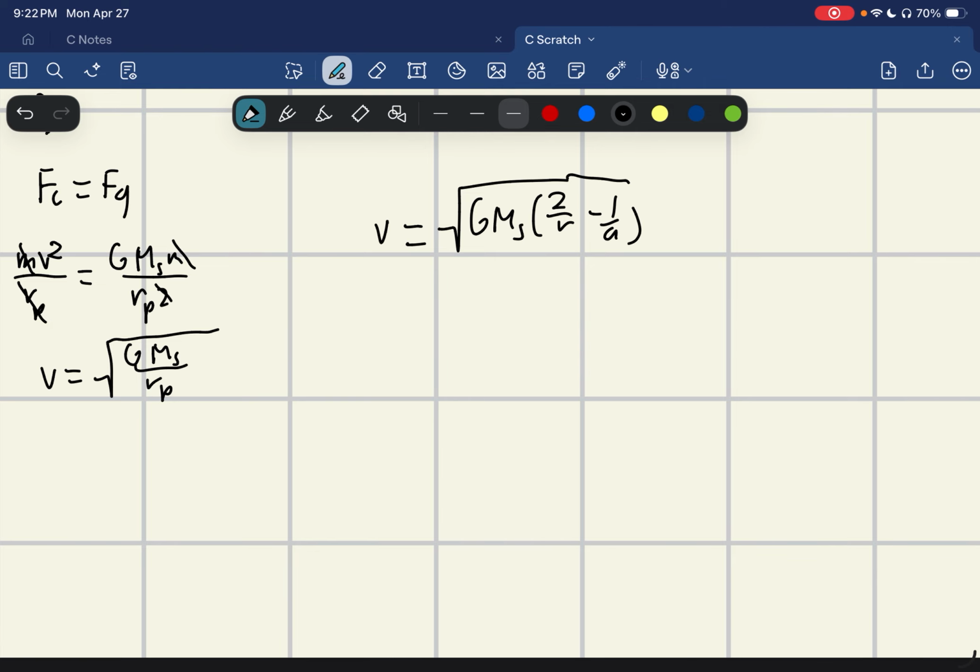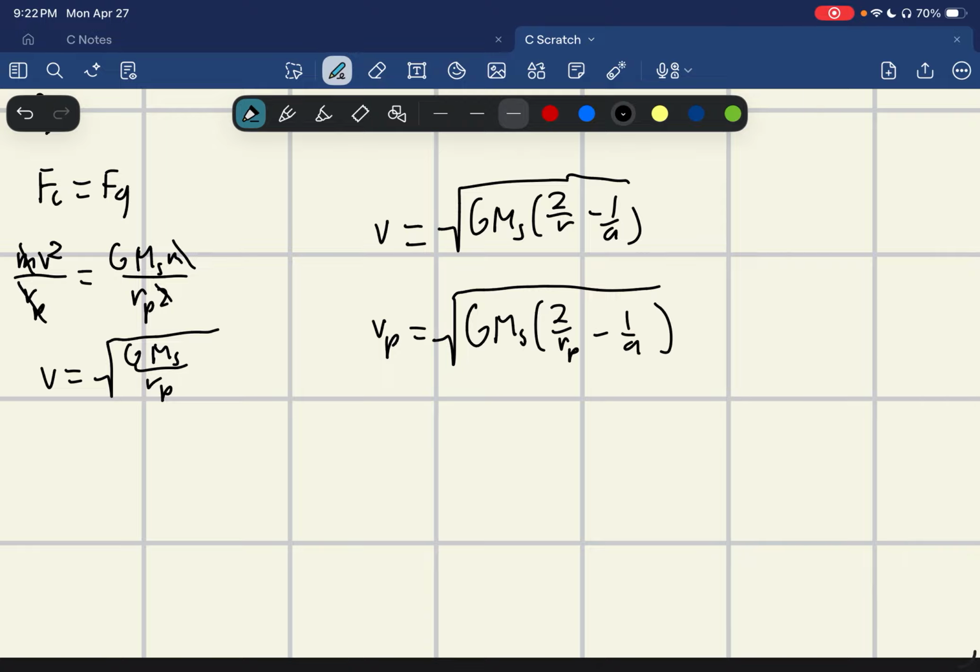And then here, to make it specifically for the perigee, since we're comparing it to vp of the original elliptical orbit, we just replace r with rp. So v is the radical of GMs times (2 over rp minus 1 over a).